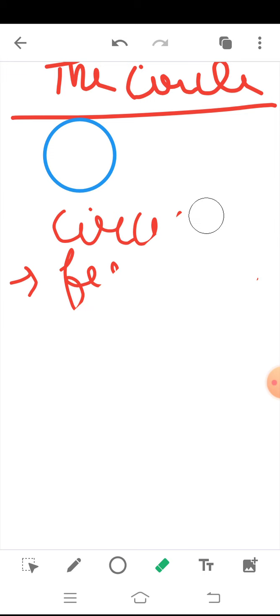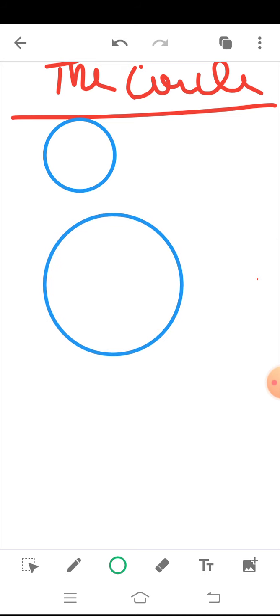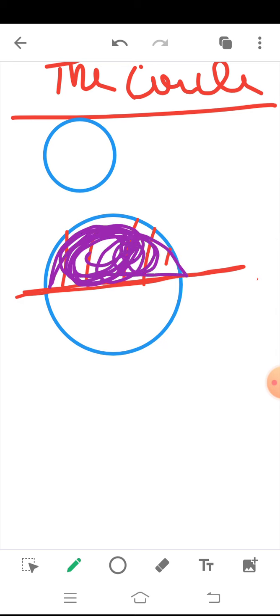So now let's move on to the next topic, which is semicircle. For semicircle, it is very easy: half of the circle is known as a semicircle. This half part is known as a semicircle. For you, I am just marking it. This is a semicircle.